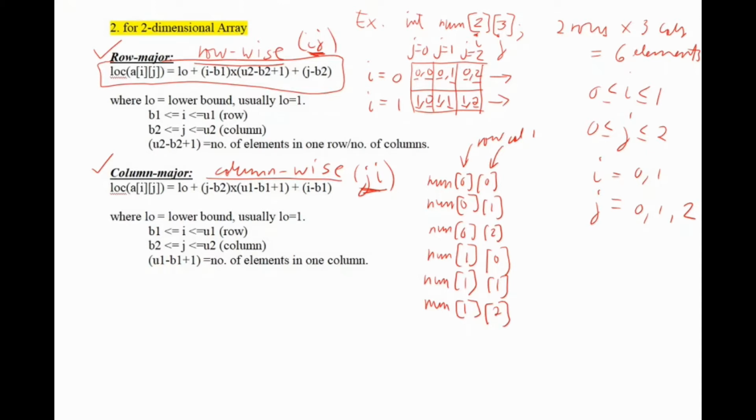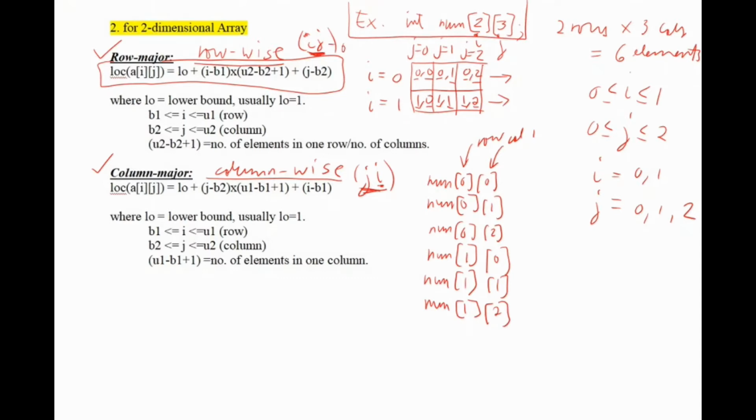Row-wise or row major means that the primary reference is i and the secondary reference is j. While for column major or column-wise, the primary reference is j, the column index, and the secondary reference is i.